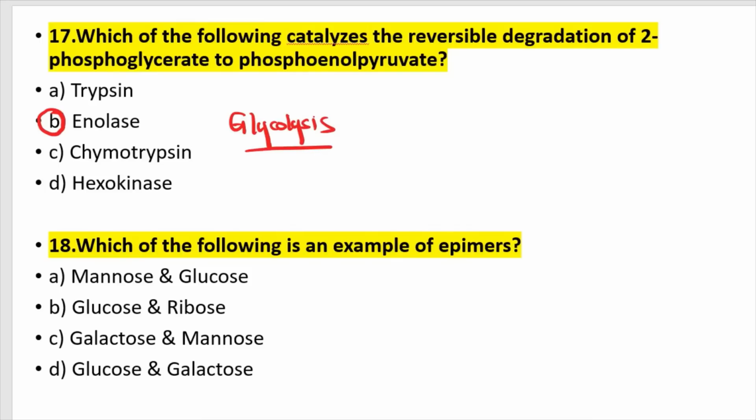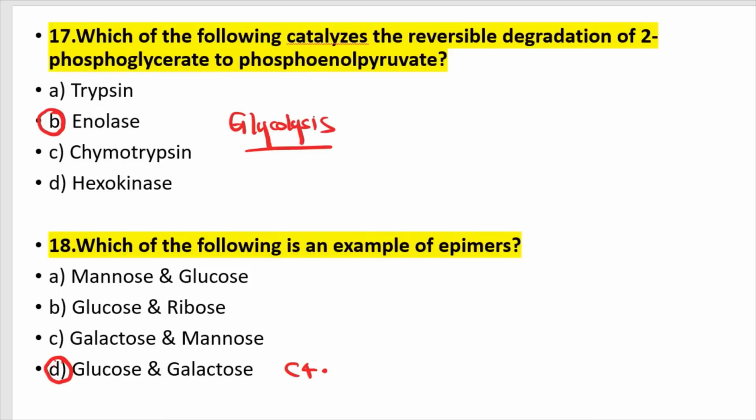Which of the following is an example of epimers? Mannose and glucose, glucose and ribose, galactose and mannose, glucose and galactose. So for epimers here, the answer is glucose and galactose. We know that galactose is an epimer of glucose at carbon number 4, C4.